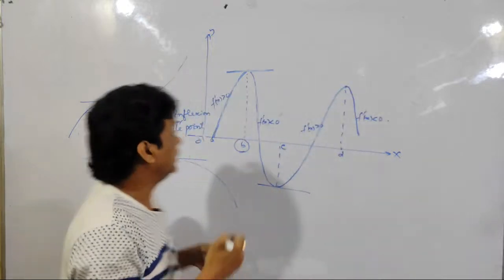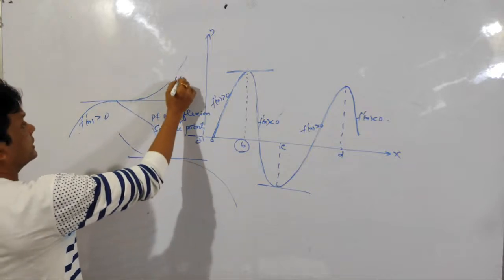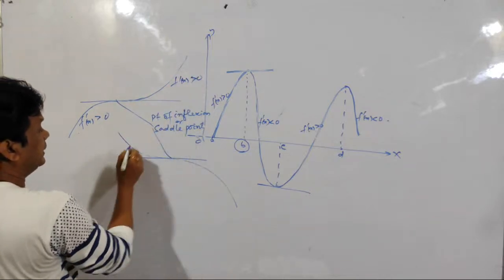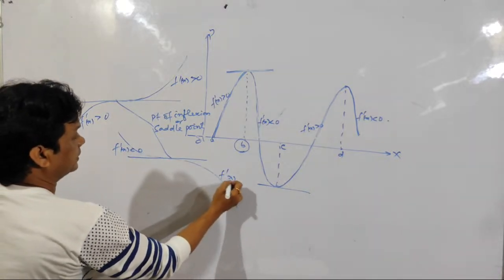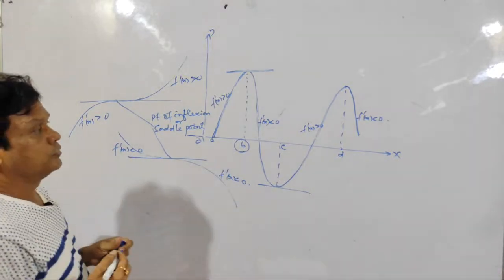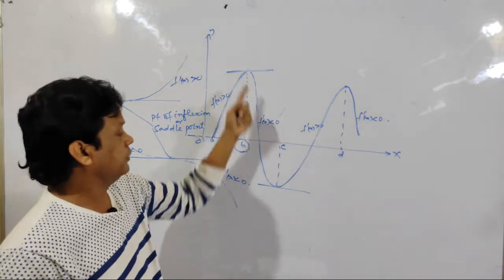That means dy by dx, f dash x, is positive, here also f dash x is positive. And in this case f dash x is less than 0, in this case also f dash x is less than 0.